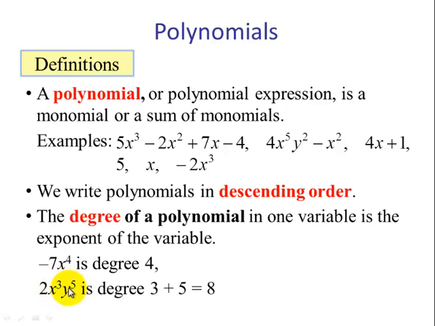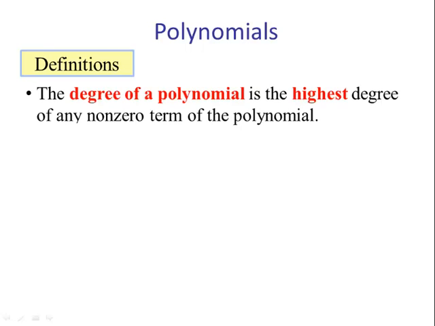So 3 plus 5 is 8. The degree of the polynomial is the highest degree of any non-zero term of the polynomial. So for this polynomial that has 3 terms, this has a degree of 5, this has a degree of 3, this one has a degree of 0. We take the highest, so this polynomial has degree 5.